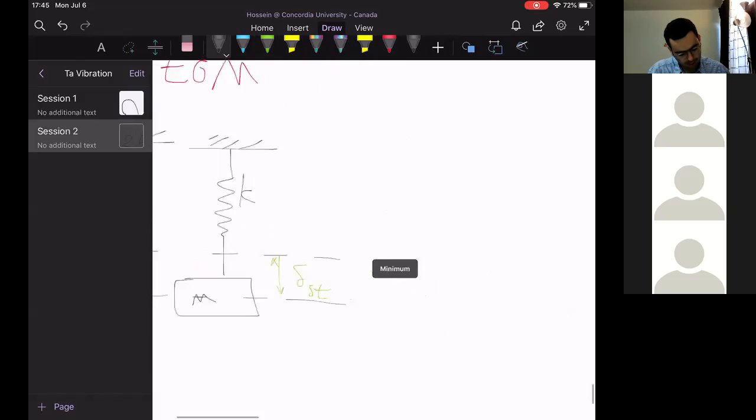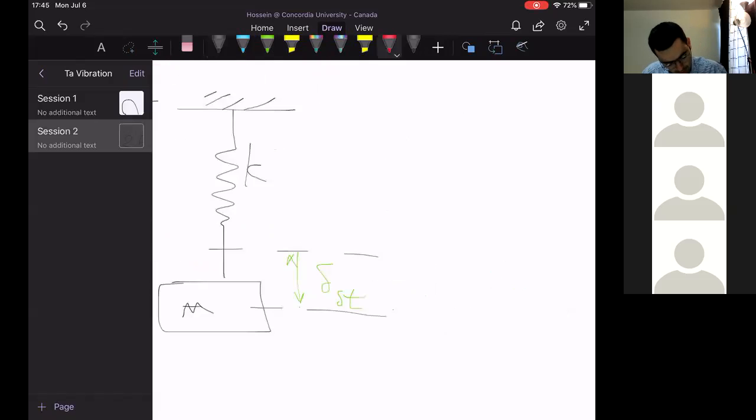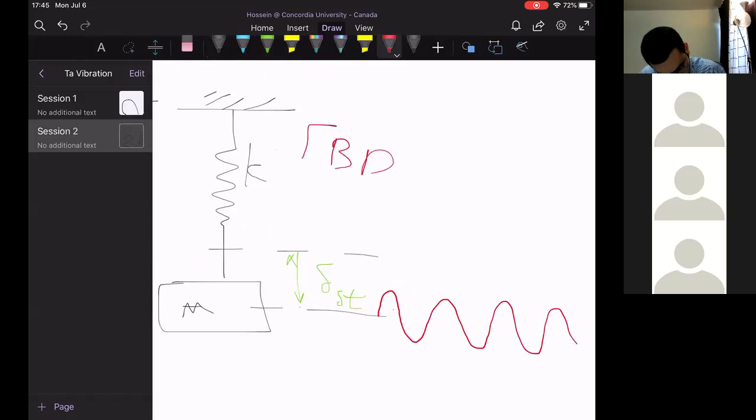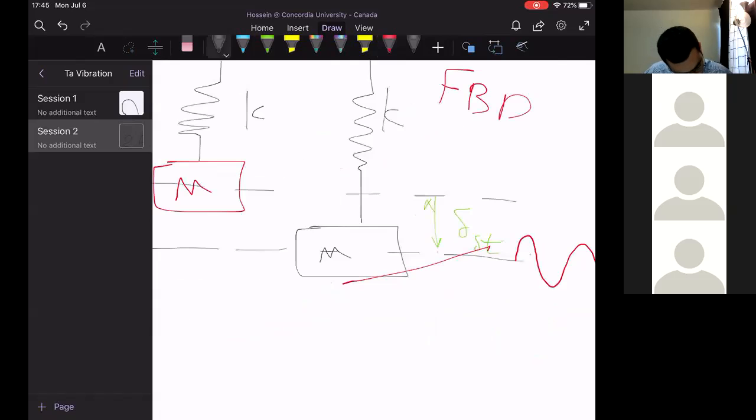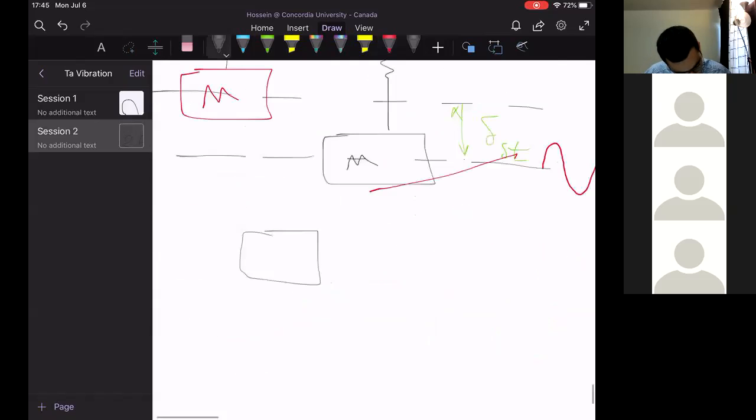And we usually consider the vibration started from a static equilibrium position, right? So if you plot the free body diagram of the mass, you will have mg and k, static equilibrium at first case.